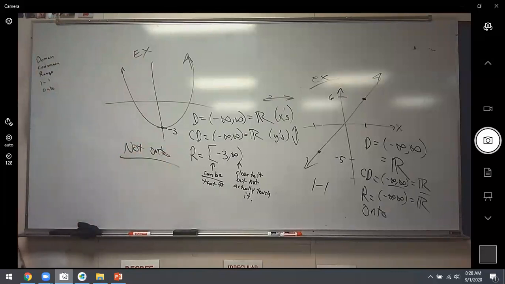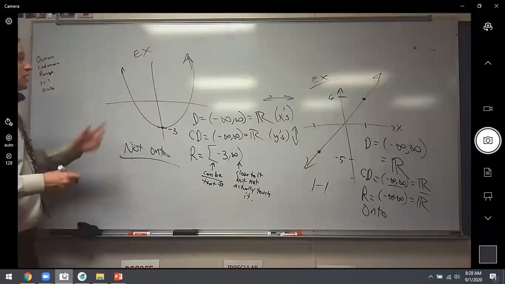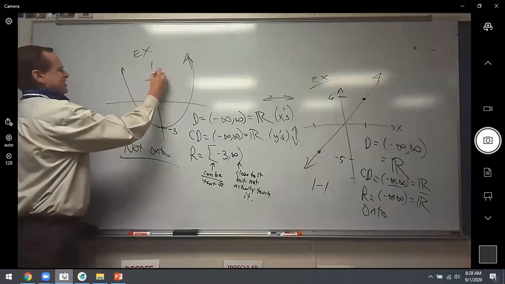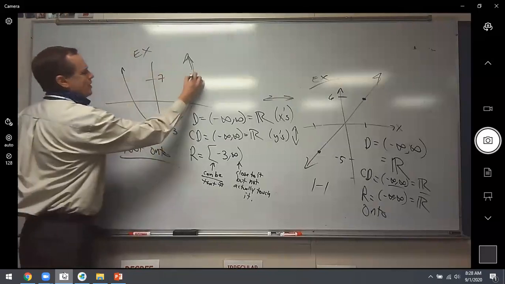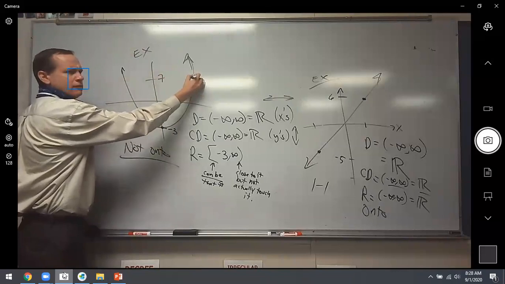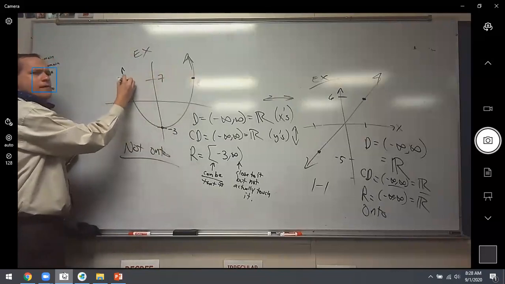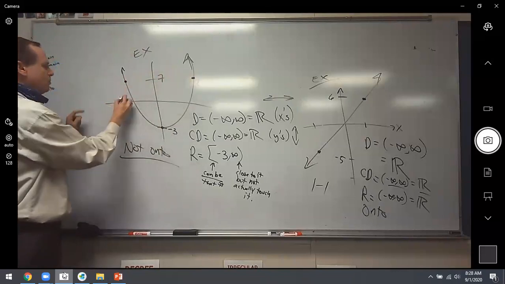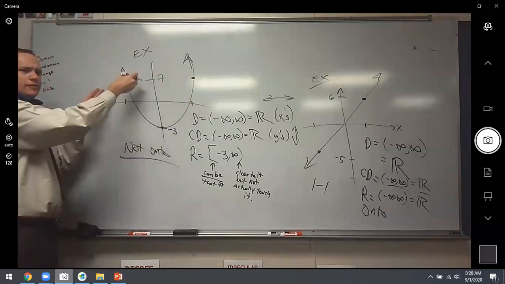What about 1 to 1? What's that definition mean again? For any number I get out, I should have only gotten that from one thing. So let's pick a random number, 7. Here's where it is at 7, correct? Is there another spot where it's 7? Oh, right here. So how many different numbers could I plug in to get out 7?